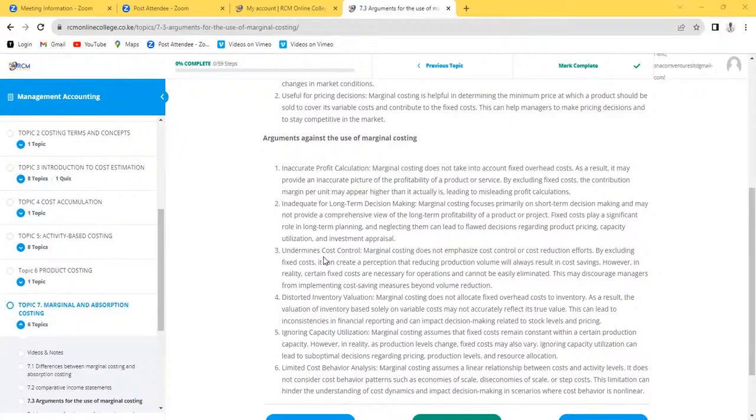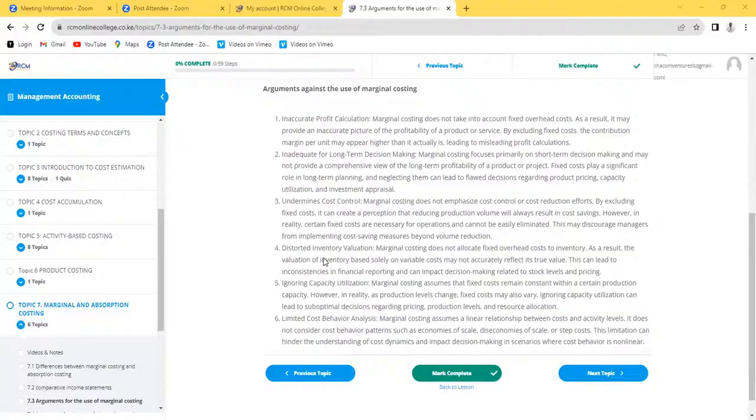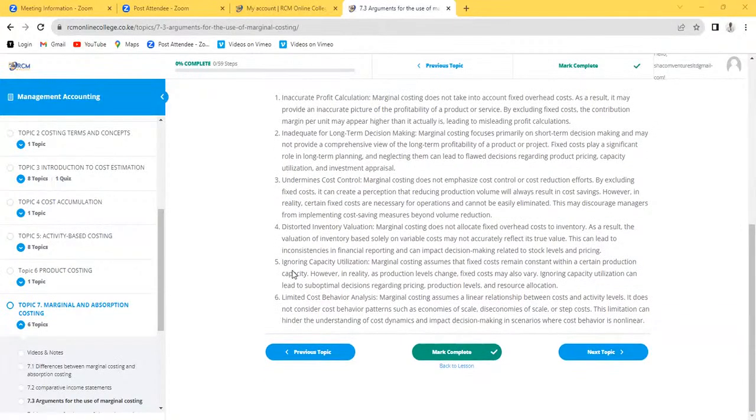You are trying to minimize cost, but so long as you have the variable production cost, it considers only volume. It is only concentrating on the volume of output. It does not work towards minimizing the existing variable costs. Then distorted inventory valuation, which we are going to see after doing an illustration.